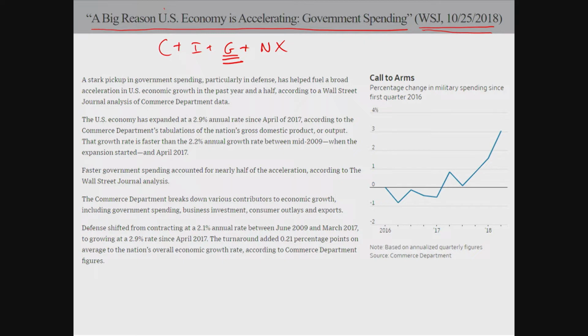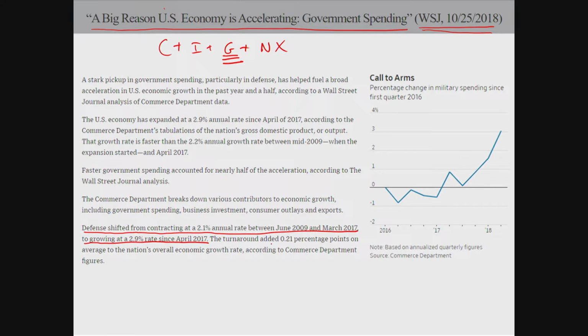And you can see that in the years from 2009 to 2017, defense spending actually was falling by 2% per year on average between June 2009 and March 2017. But that flipped from declining at a 2% annual rate to growing at a 3% annual rate beginning in April 2017.